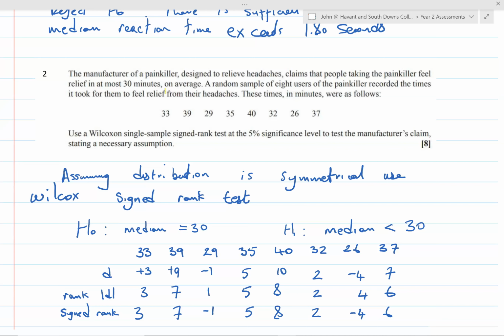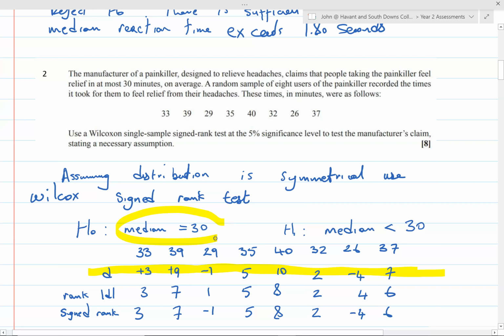Okay, so the way it works, what we do is we actually put a row here of how far, positive or negative, they've come from the median as stated in the null hypothesis.